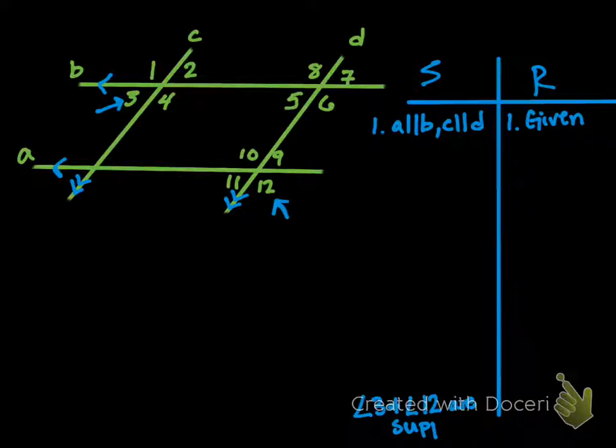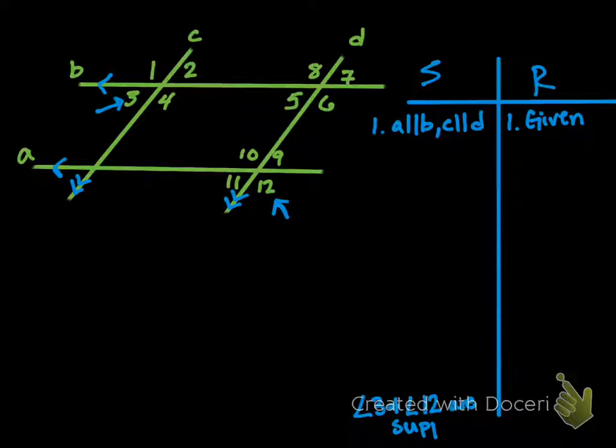So the first thing that I suppose that we could do, we have really two options here. And we've talked about these in class a little bit. Your first option is to say what angle 3 is congruent to, to get congruent to an angle close to 12, or we can pick an angle close to 12 and say that it's supplementary first. On this one, I am going to say that 9 and 12 are supplementary and see if I can get 3 congruent to 9.